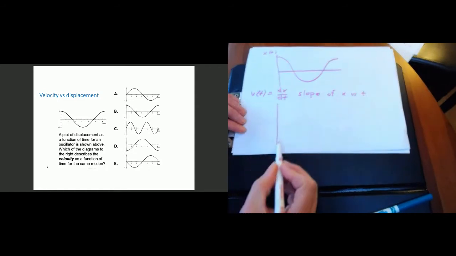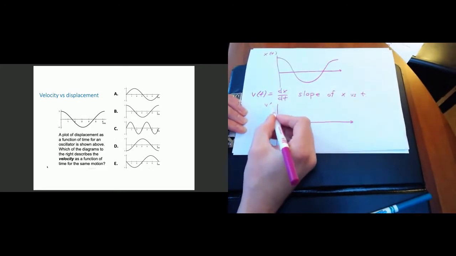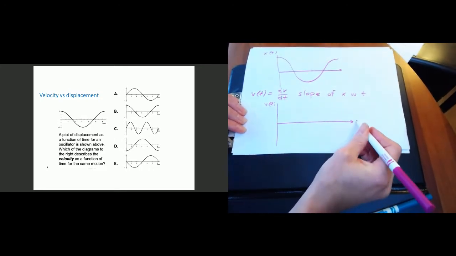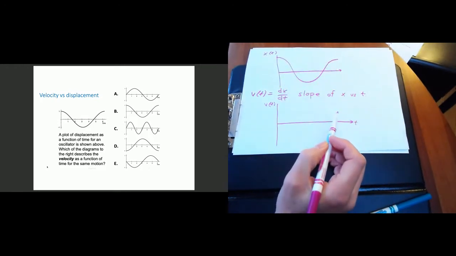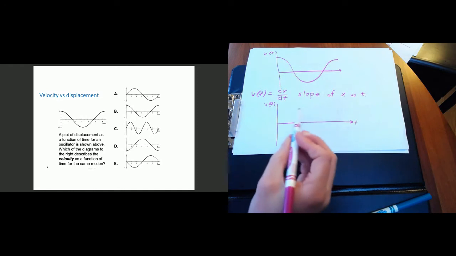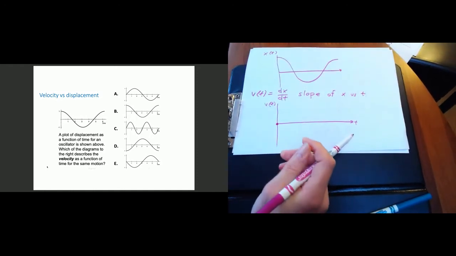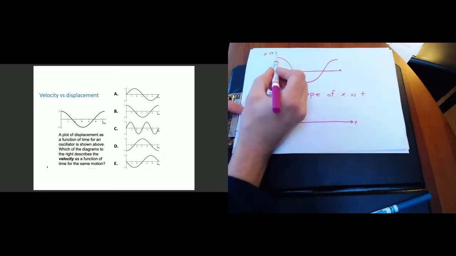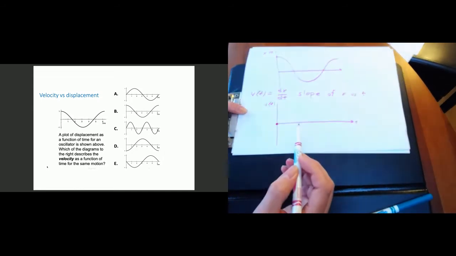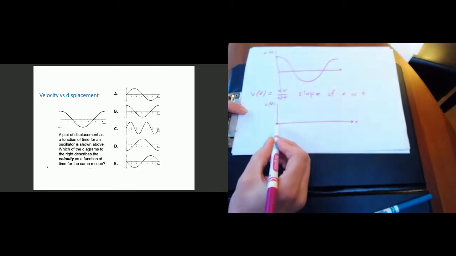And so if we want to plot the velocity as a function of time, then that is basically just plotting the slope of this graph as a function of time. And so we don't really need to know the values. We could basically just answer this question by understanding where is the slope 0 or positive or negative. And so we see that at time equals 0, the position graph has 0 slope. And then after time equals 0, the slope becomes negative.